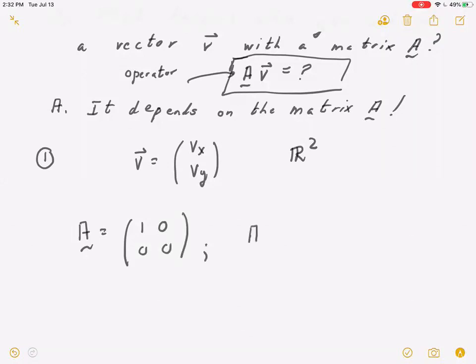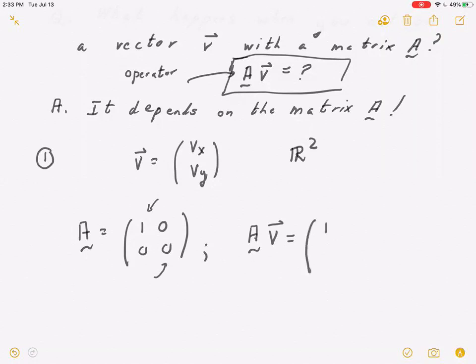So this is a matrix A. It almost looks like the zero matrix. It's just that the 1,1 matrix element is 1. Or it almost looks like the identity matrix, a 2x2 form of the identity matrix, but the 2,2 matrix element is 0.